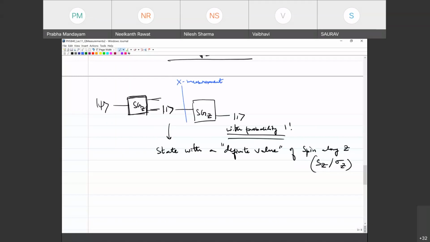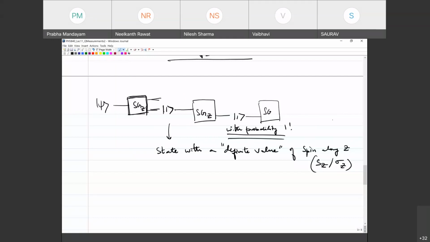You have thrown it again into a uniform superposition of 0 and 1, and this is no longer valid. If I had not interspersed it with the x measurement, there are no issues. It's just a definite spin z state, and I can keep repeating this experiment ad nauseum, and I always get spin 1.